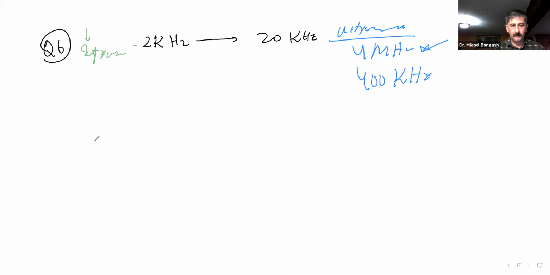This unit and this unit are the same, and everybody should be able to say that 400 is greater than 20. Clear? But you can also say it in megahertz: option B is, as we said earlier, 0.4 megahertz.